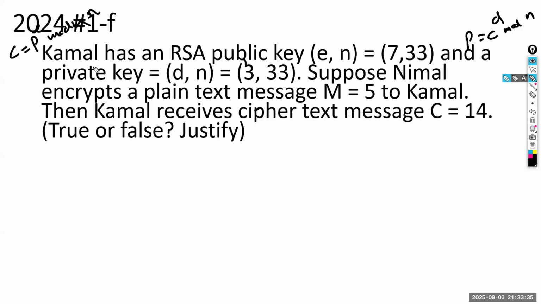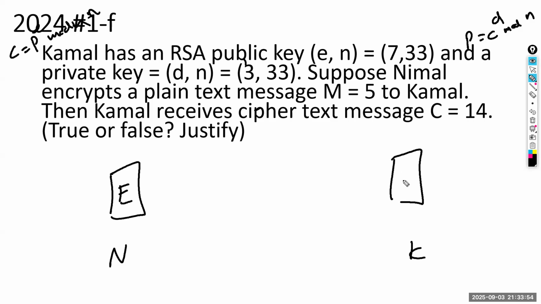And where is Kamal? Where is Nimal? Kamal has an RSA public key and private key. Suppose Nimal encrypts plain text, and this is Kamal. So this is encryption, this is decryption. So that means you need to use Kamal's keys. Straight away you know that you need to use Kamal's keys.